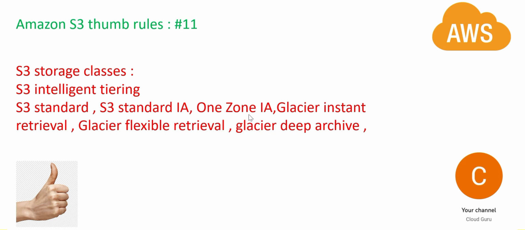One Zone IA is cheap because with all other storage classes, the data gets replicated in 3 availability zones. One Zone, common sense, says there is one zone, there are not 3 zones. That's why it is cheap, because it is only going to store in one availability zone.